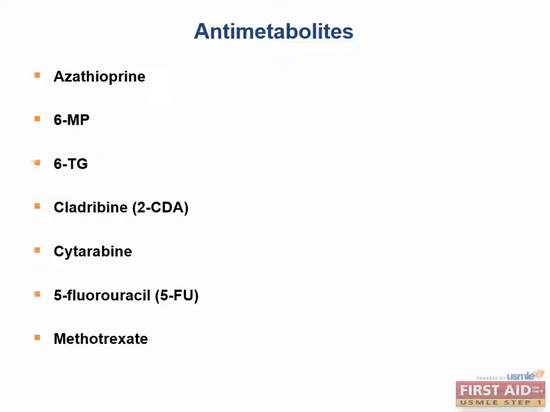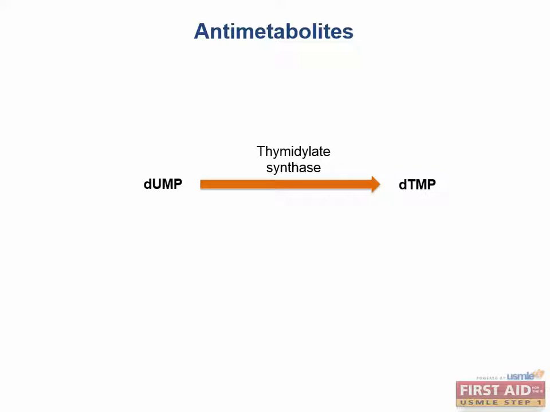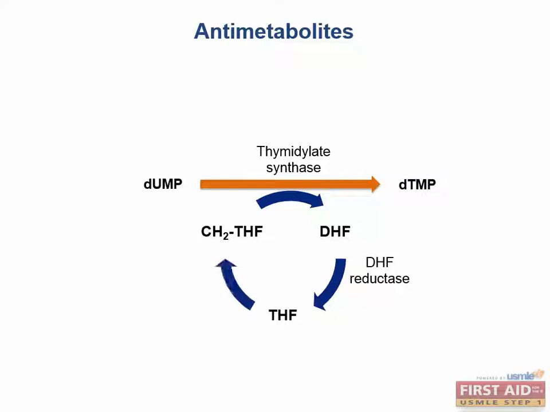There are several antimetabolites, including azathioprine, cladribine, cytarabine, 5-fluorouracil, and methotrexate. Many of these antimetabolites work on thymidine synthesis, more specifically, the ultimate conversion of dUMP to dTMP that you might recall from biochem. This process requires methylene tetrahydrofolate and yields dihydrofolate, which must then be converted back into methylene tetrahydrofolate in 2 steps.